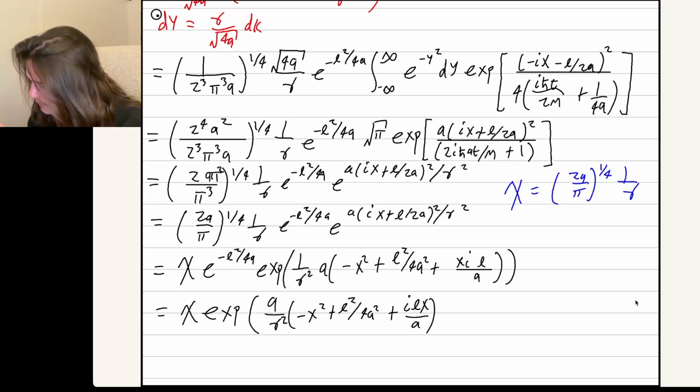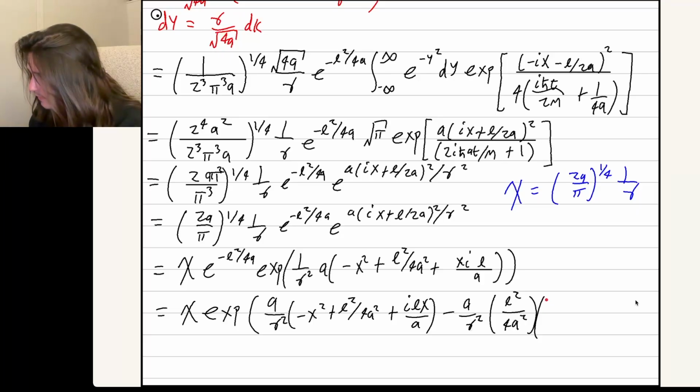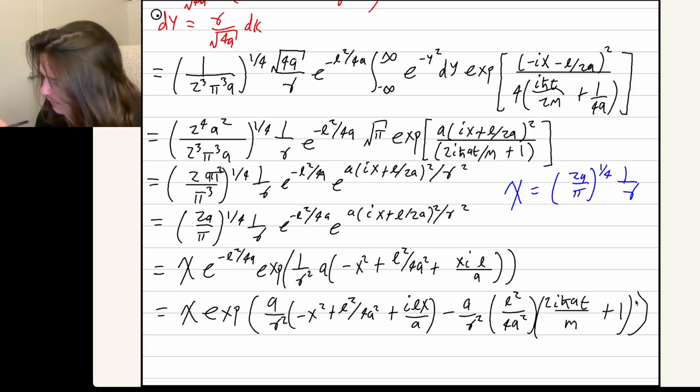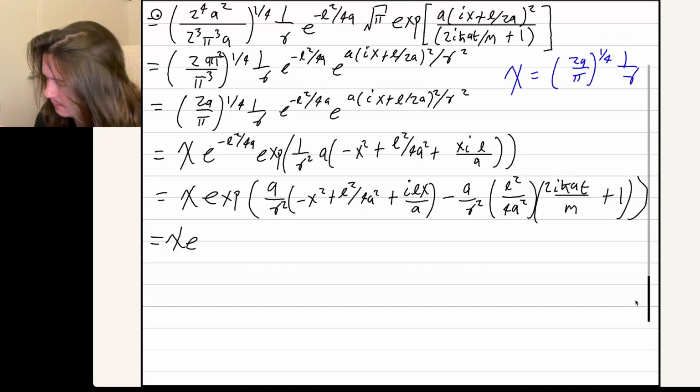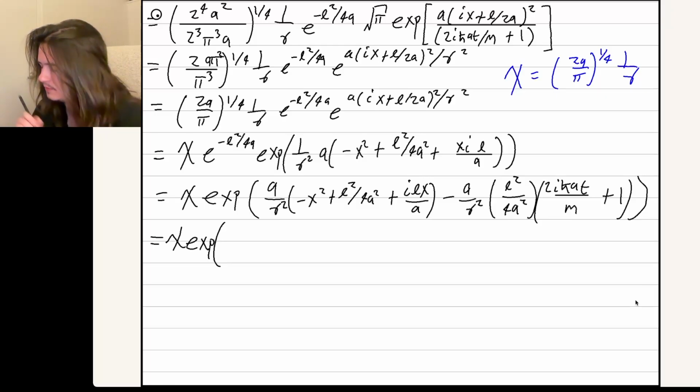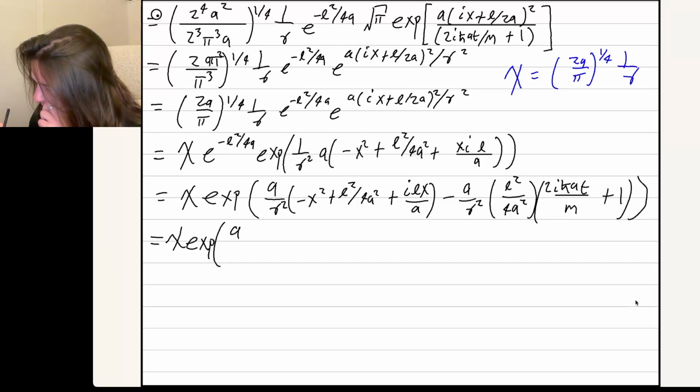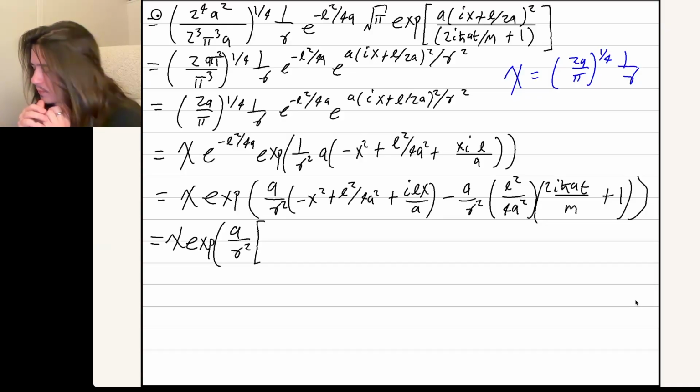And then we'll have this minus a over gamma squared, and this is going to be l squared over 4a squared times gamma squared. So I'm actually going to expand the definition of gamma here. Plus 1. Right. And then let's collect all the terms into one square bracket.